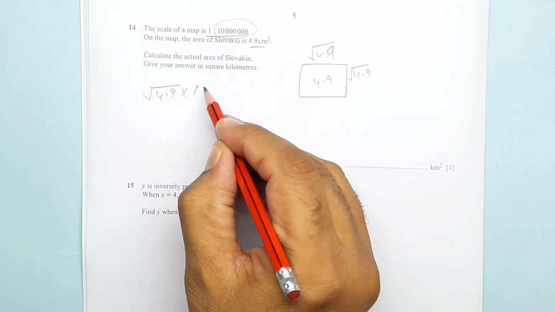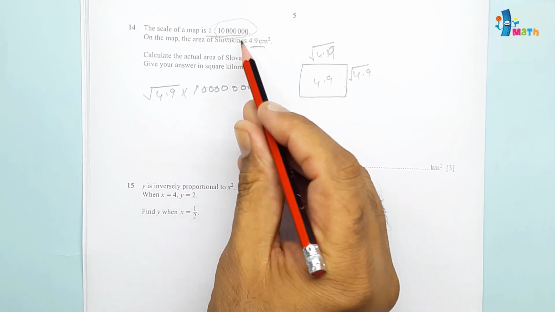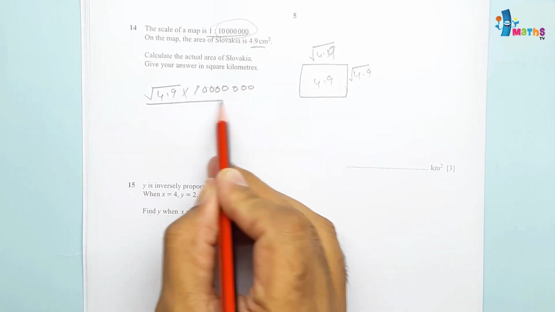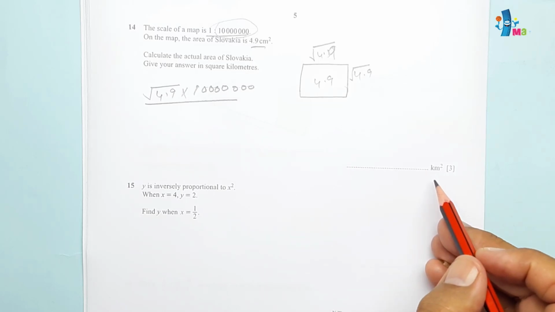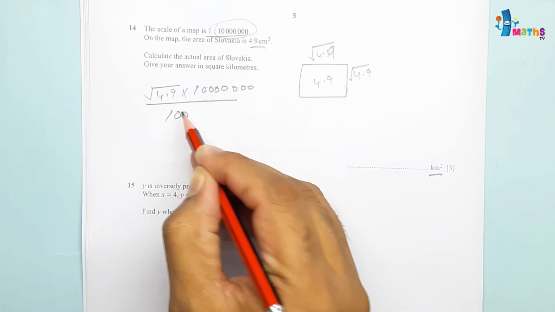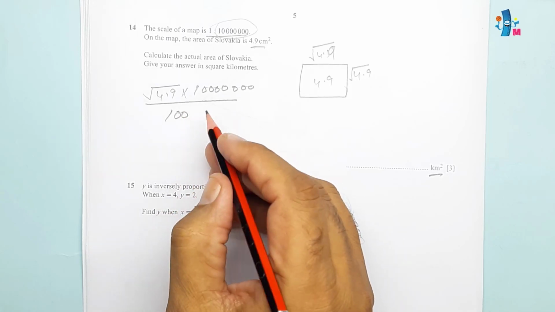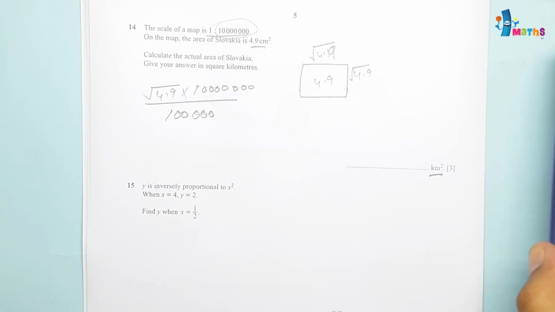This is the conversion ratio, 1 and 7 zeros basically. And this will be the answer in centimeters, but we need it in kilometers. So you'll have to take care of units. So centimeters to meter will be divided by 100, and then meters to kilometer will be 3 more zeros.